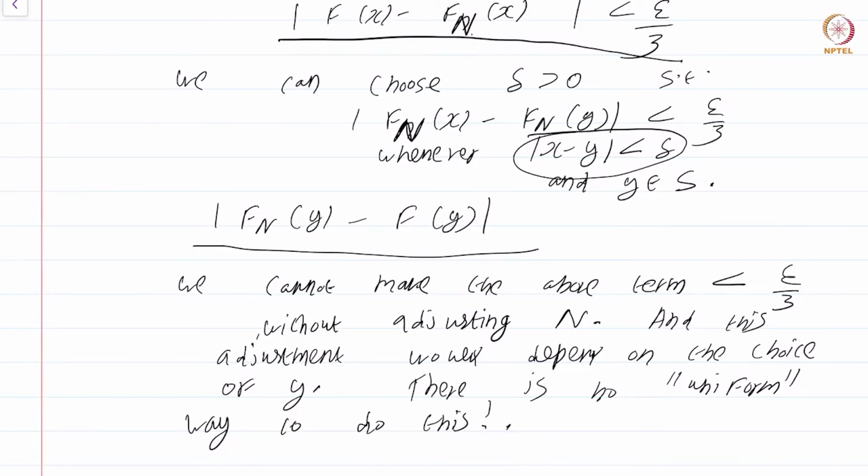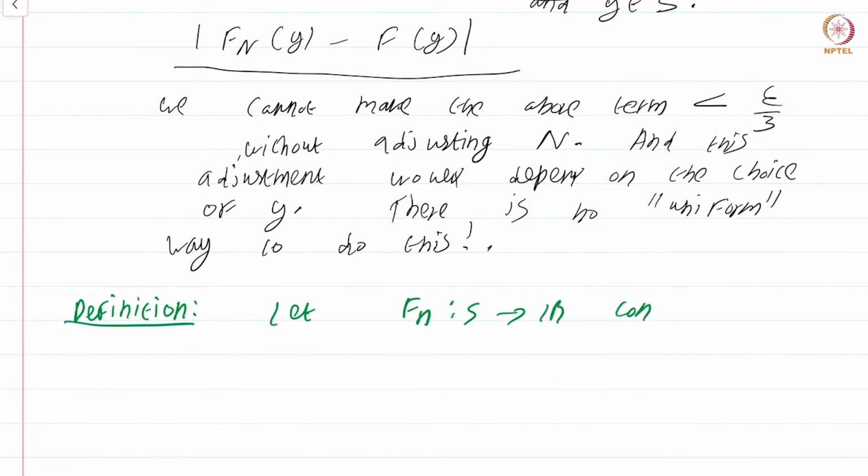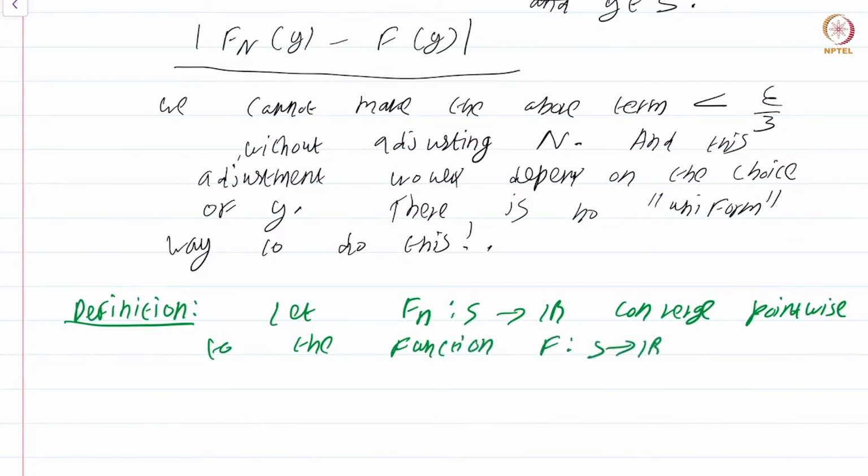Okay, so this discussion motivates the following definition. The definition is just modeled so as to make the above flawed proof not flawed. So let fn from S to R converge pointwise to the function f from S to R. We say fn converges to f uniformly.